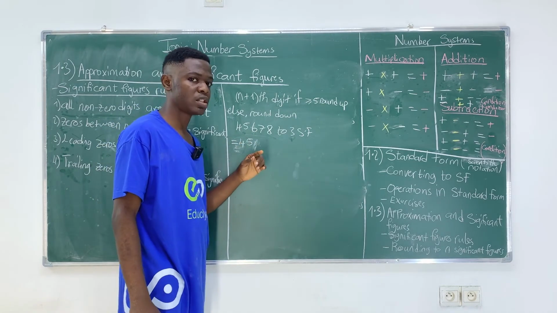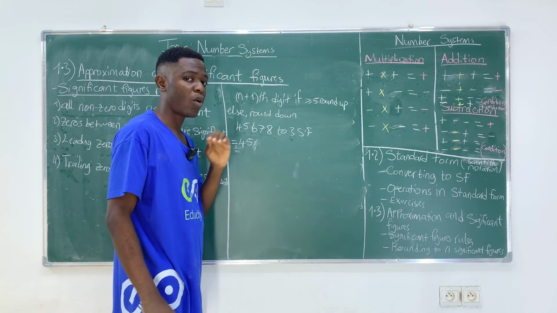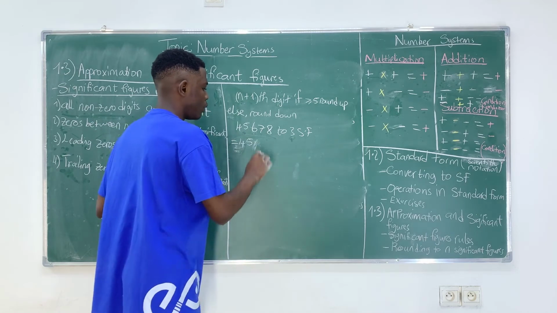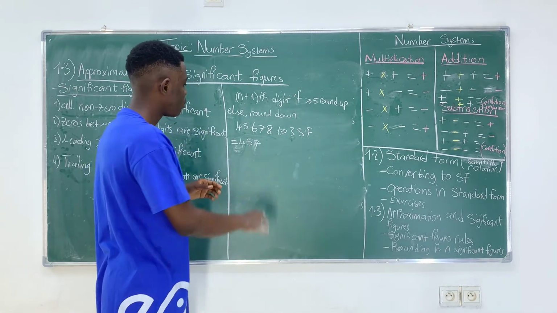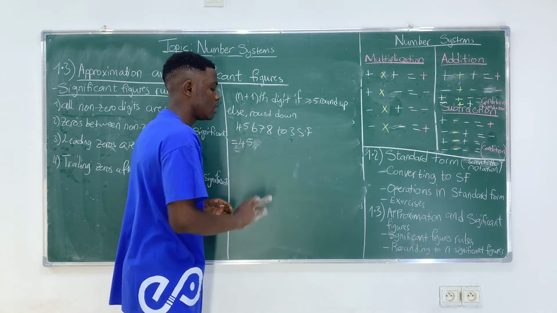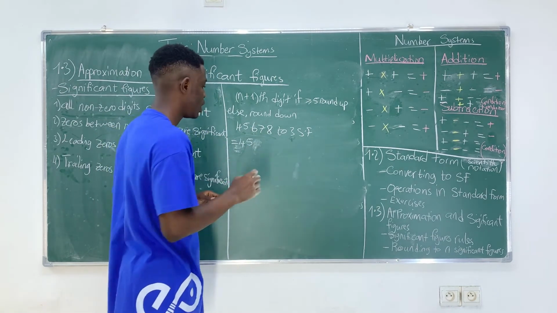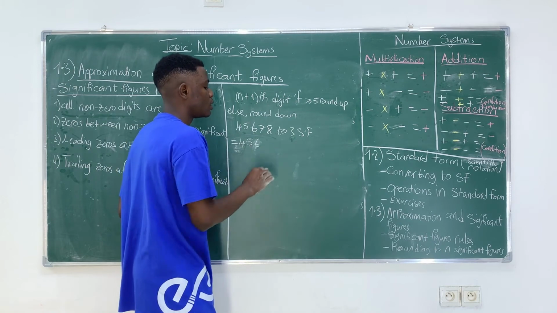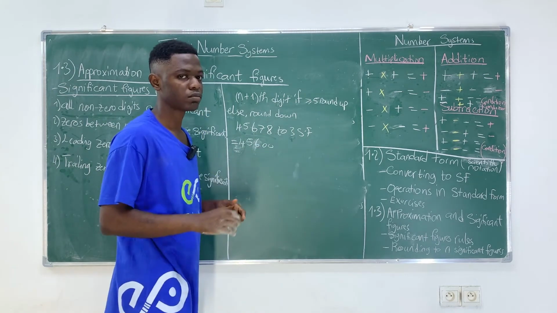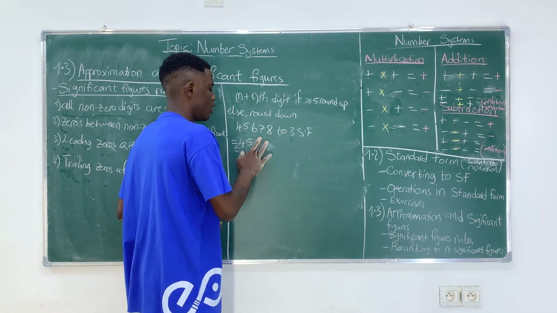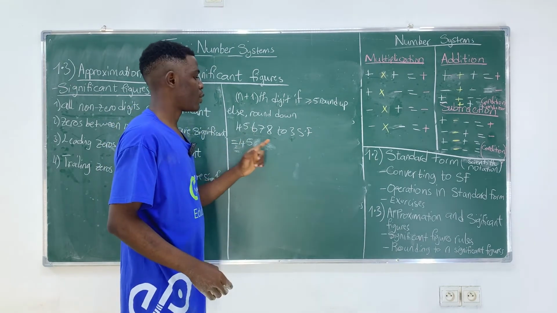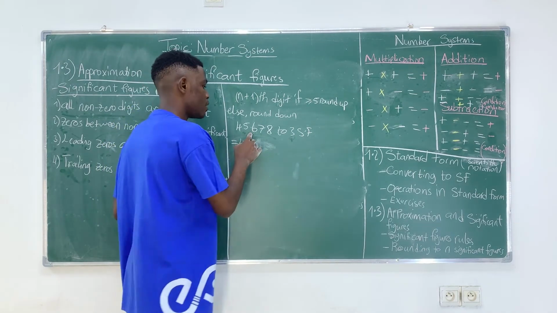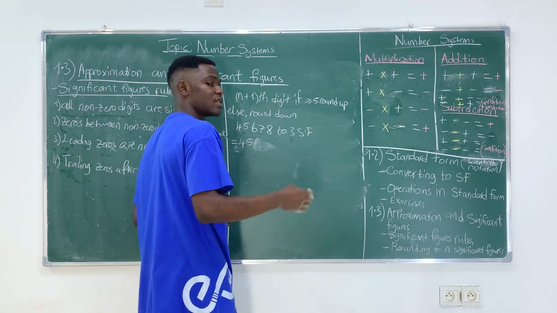If that number after the 6 is 5 or more, I will write 7. I check it at 6 because it said 3 significant figures, and 6 is my third.